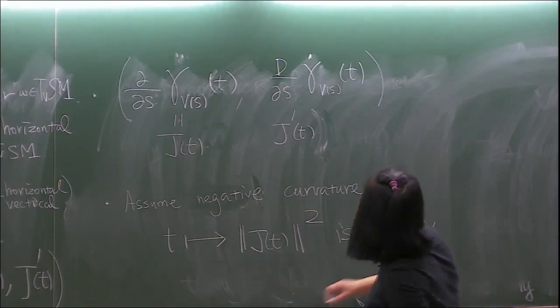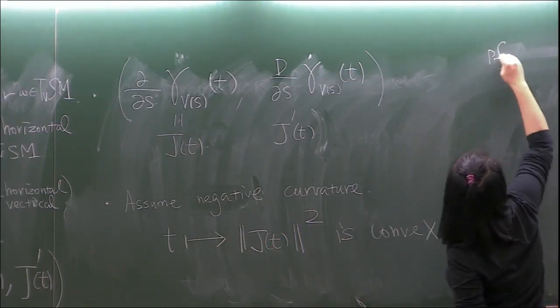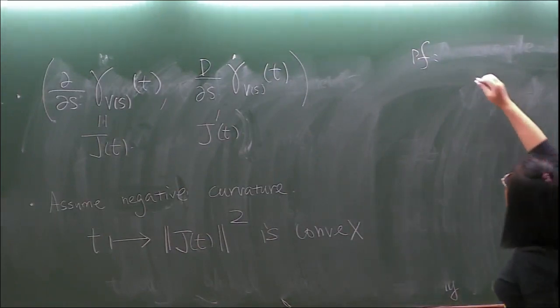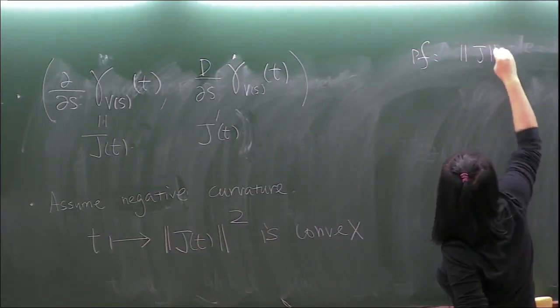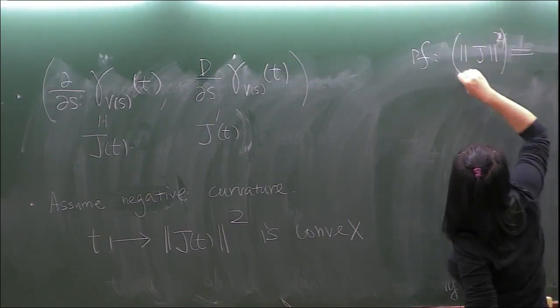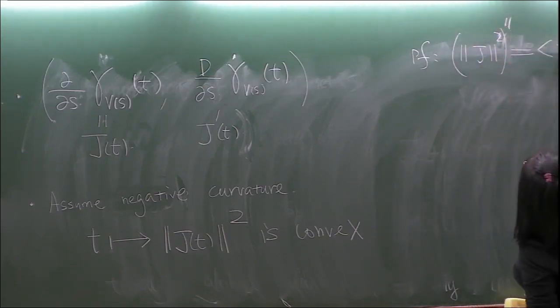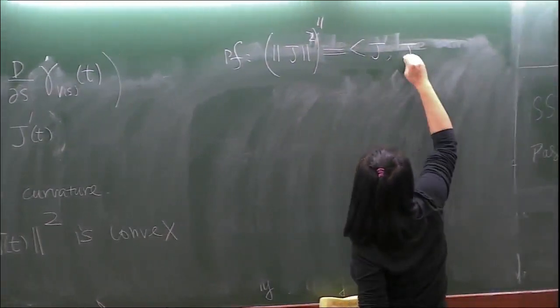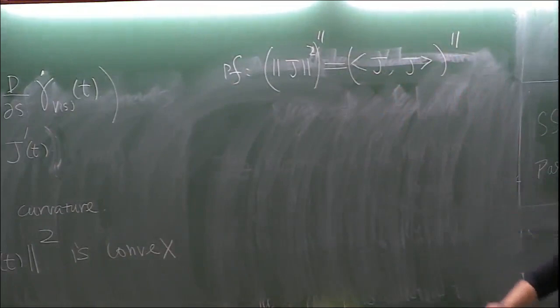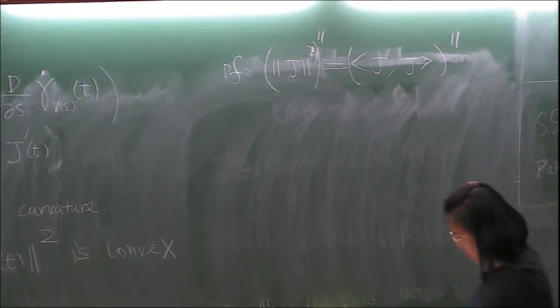So again, we can give a proof of this one. Simple. So it's the norm of J squared, the inner product of J with itself, right?